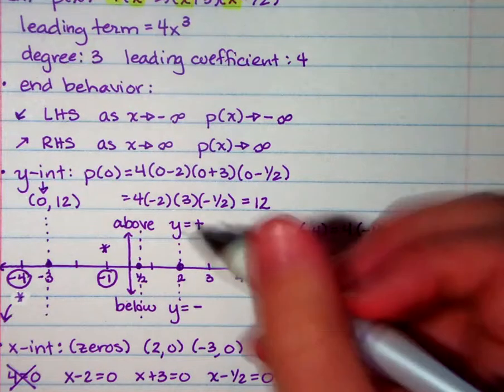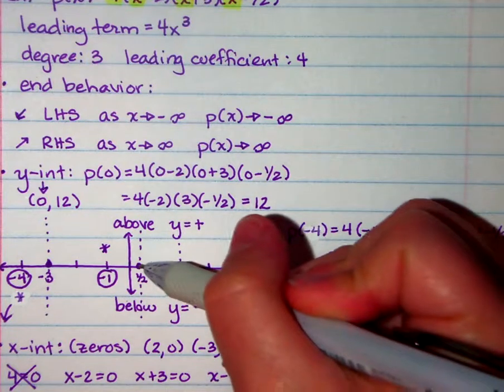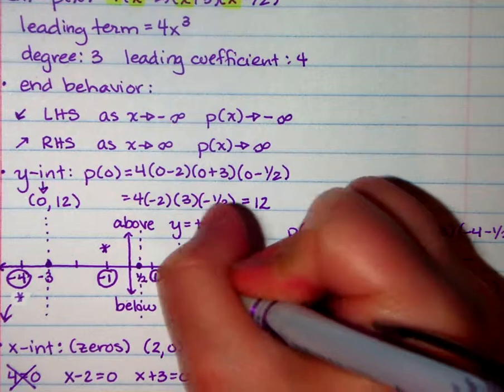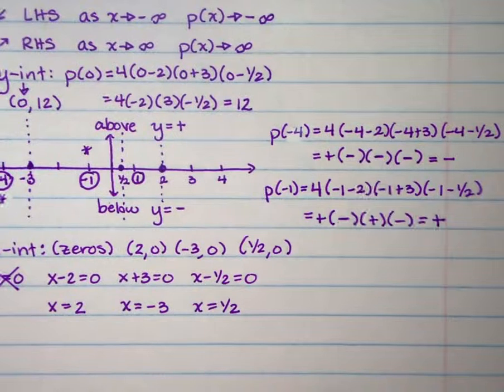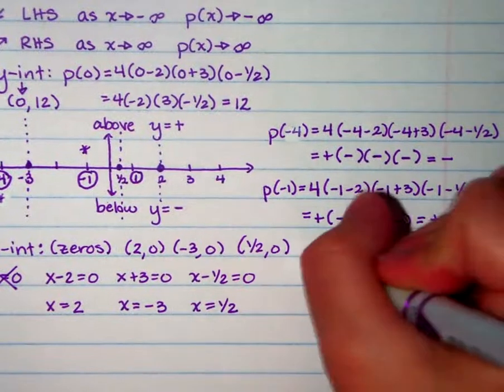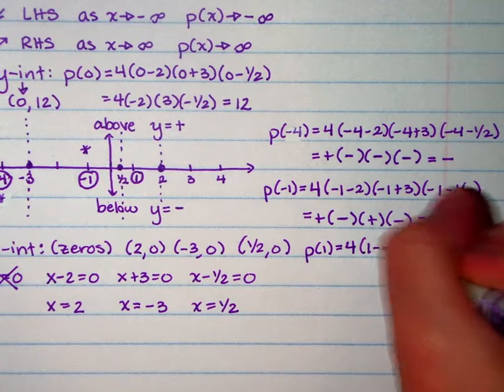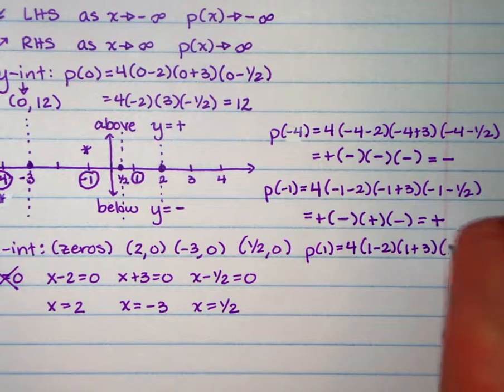And now I don't have very many numbers that I can think of to check between 1/2 and 2. So I'm going to use 1. Okay, we're going to do the same thing. So P of 1. I'm just going to start plugging 1 into all of those factors again.